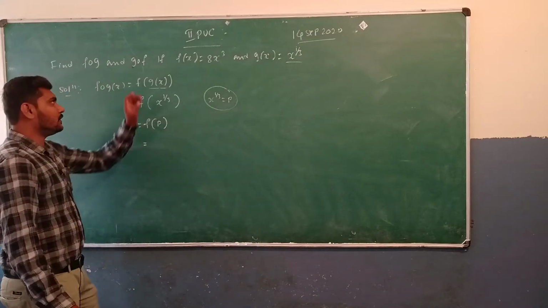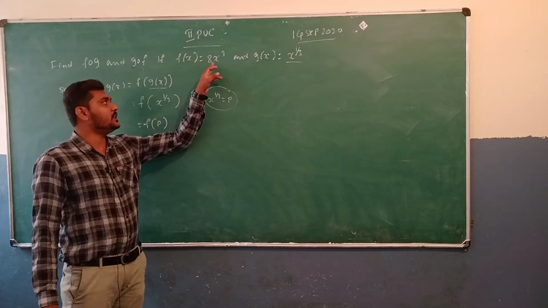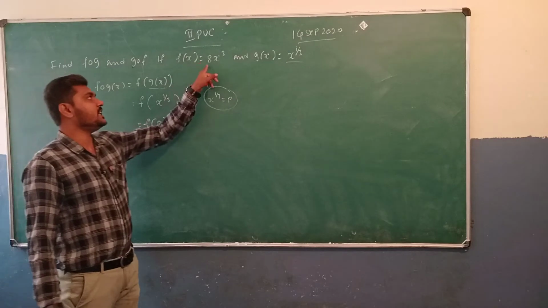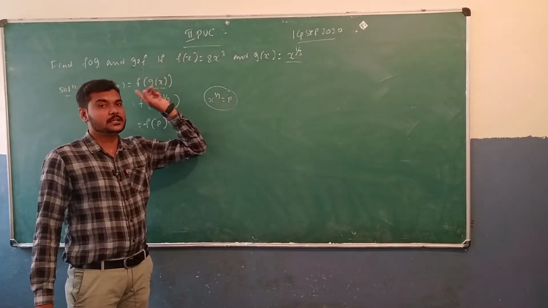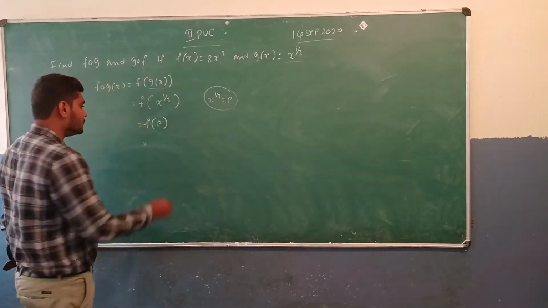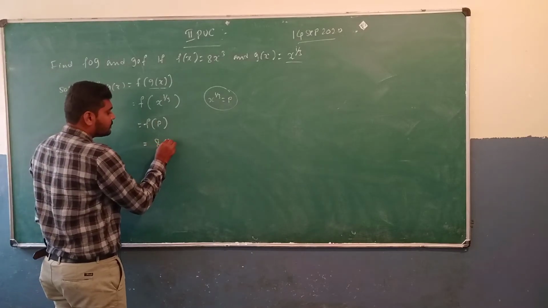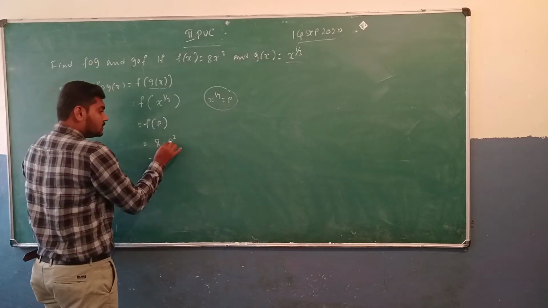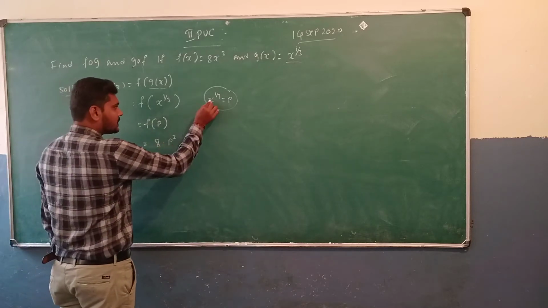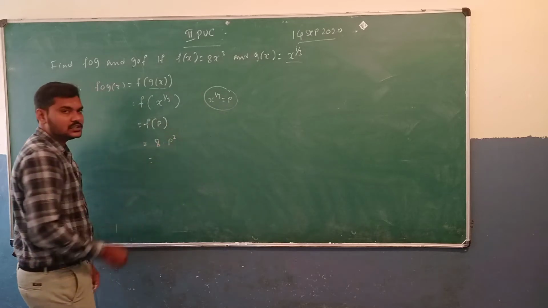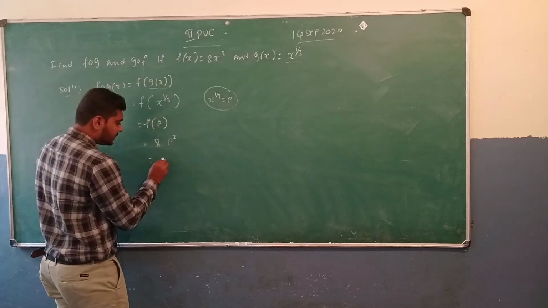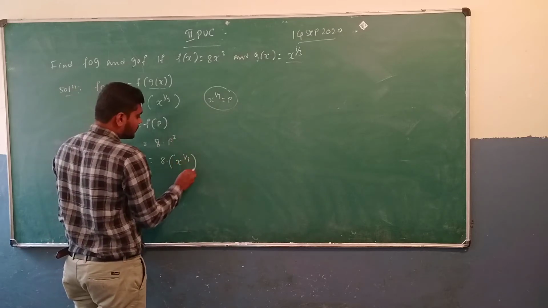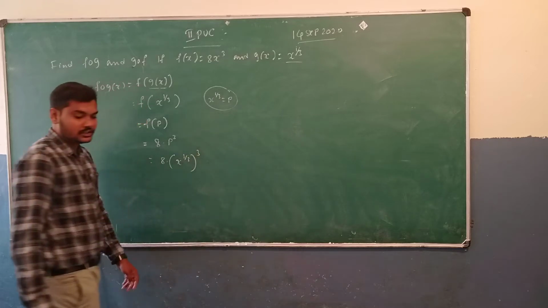We know that if the function f of x is equal to 8 into x cube, then f of p is going to be 8 into p cube. We know the value of p is x to the power 1 by 3, so I am going to substitute it: 8 into x to the power 1 by 3, whole to the power 3.